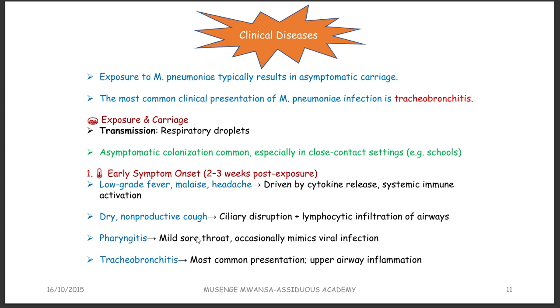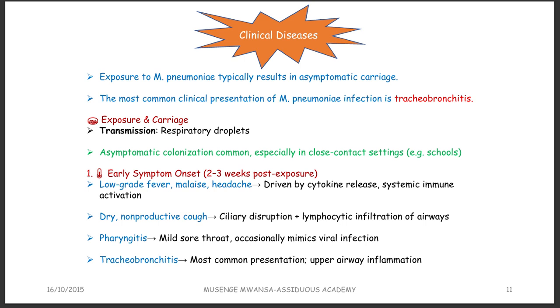mild sore throat. Okay, but when a child has a sore throat, it is something of worry. You need to make sure that you do something very quickly, because a sore throat in a child can be caused by the group A beta hemolytic streptococcus, like Streptococcus pyogenes.